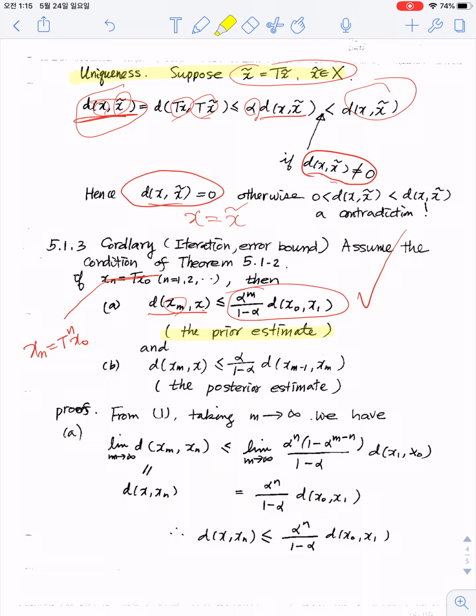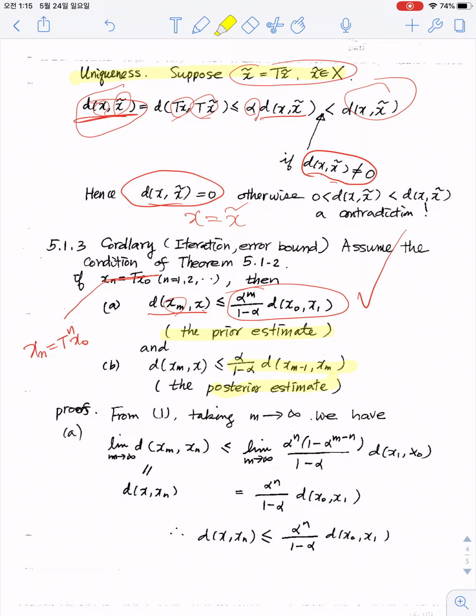And then d(xn, x) is less than alpha over (1 minus alpha) times d(xn, xn-1). This one is called the a posteriori estimate. In numerical analysis, you will see the a priori estimate and the a posteriori estimate.